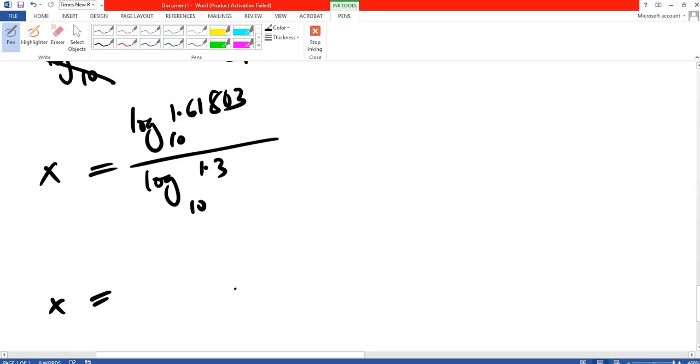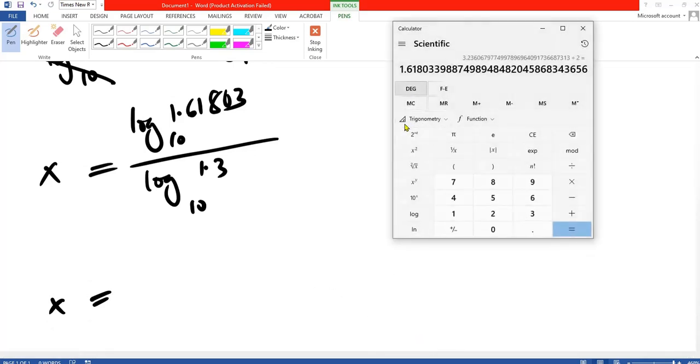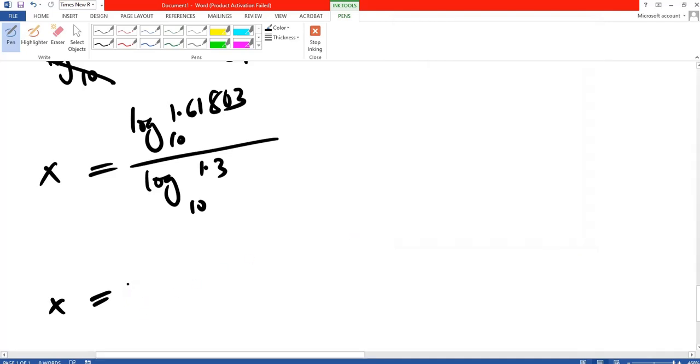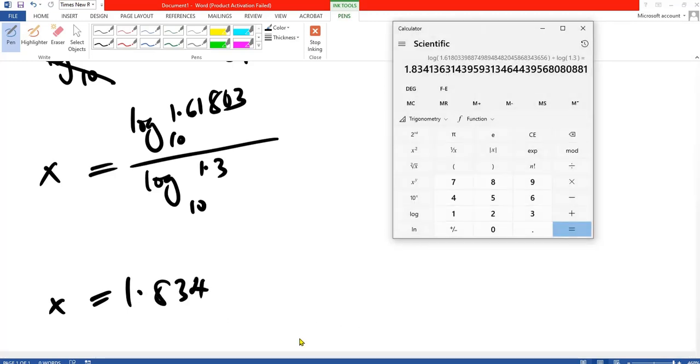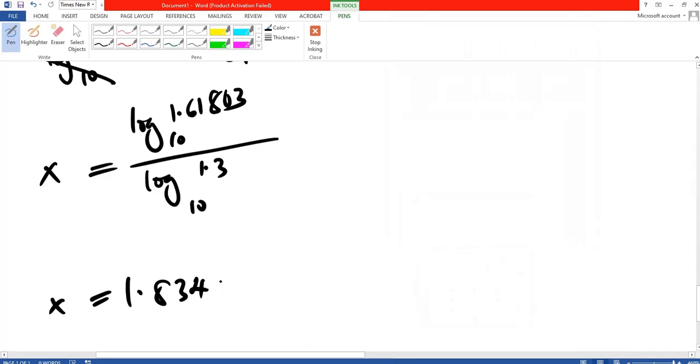X will now be equal to log 1.61803 divided by log 1.3. So this gives us 1.834341. That's our answer. So this is the final answer to this question.